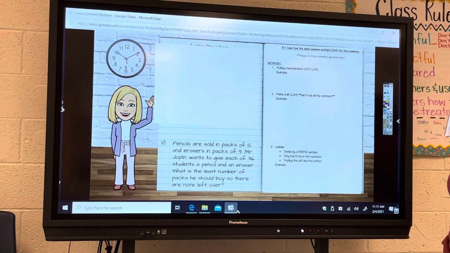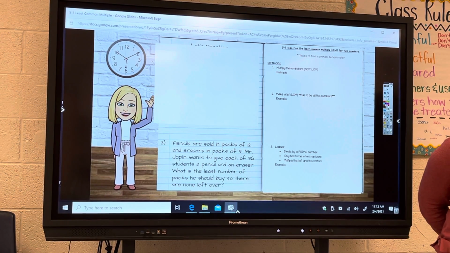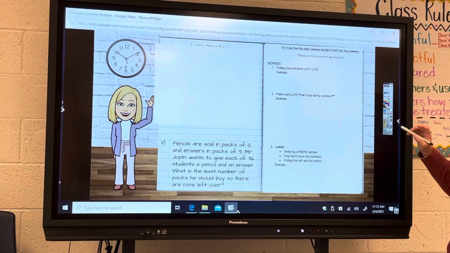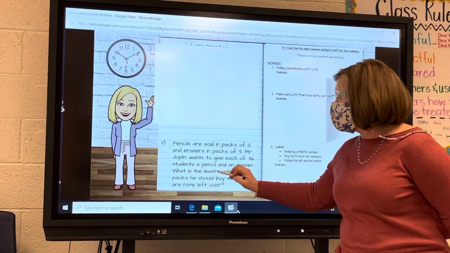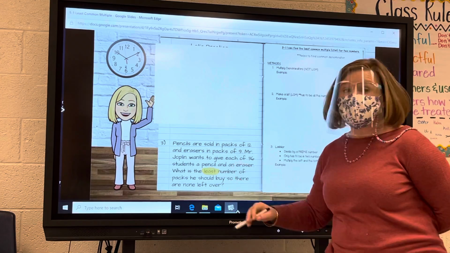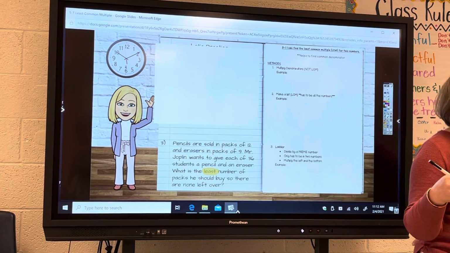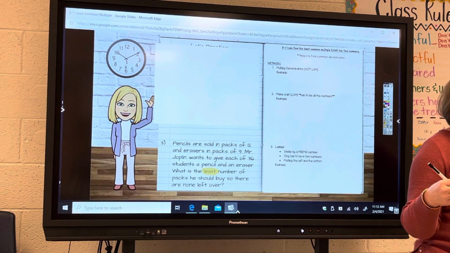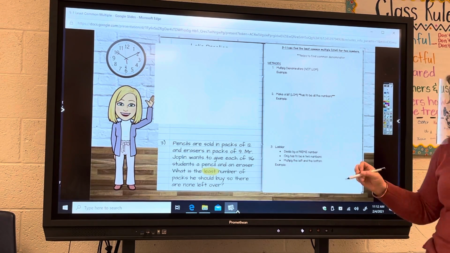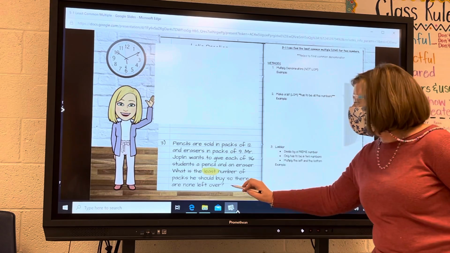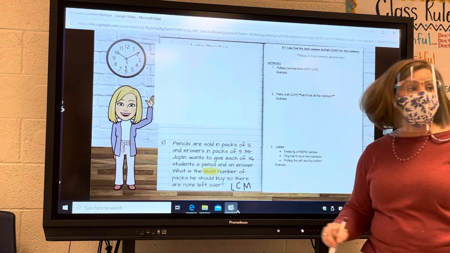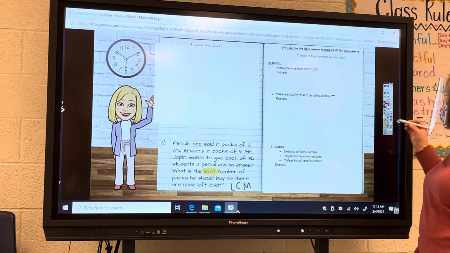What is the least number of packs he should buy so there are none left over? So, my key word here is least. So I know that this has something to do with what? The least common multiple. It's got something to do with that, okay?